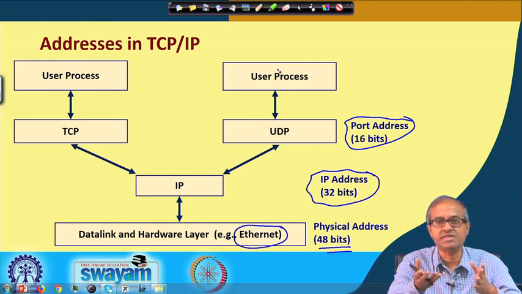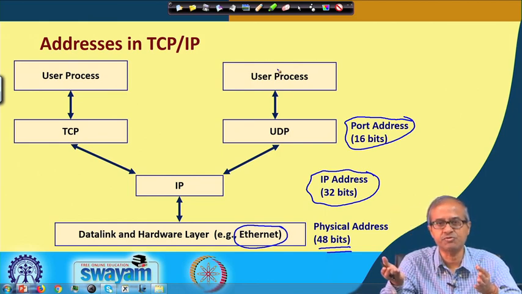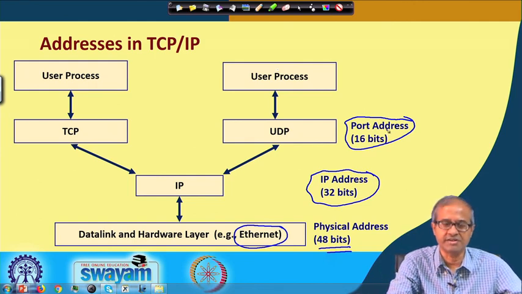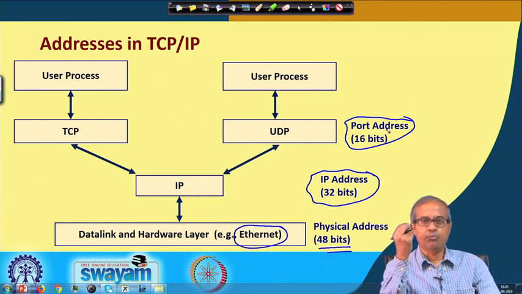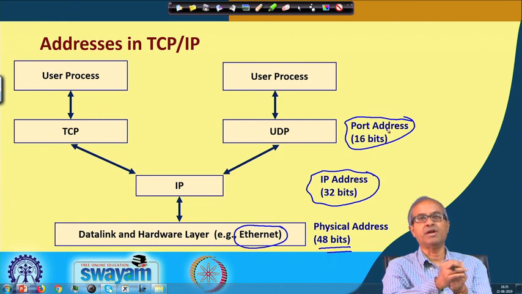How to distinguish which user process is sending data, and which user process is supposed to receive data? There is a concept of a port number or a port address. A port address uniquely identifies a particular application or a user process running on a machine.